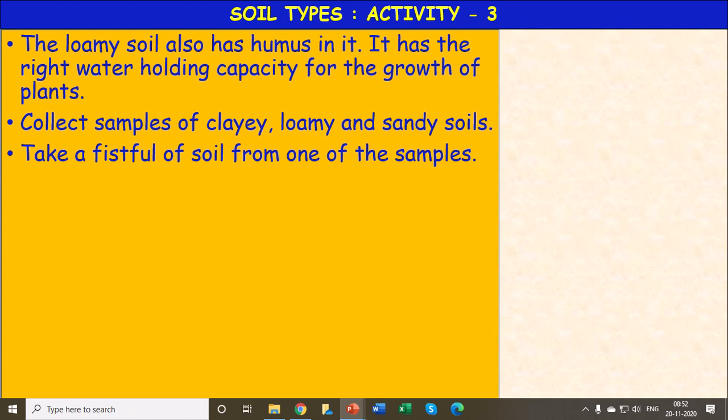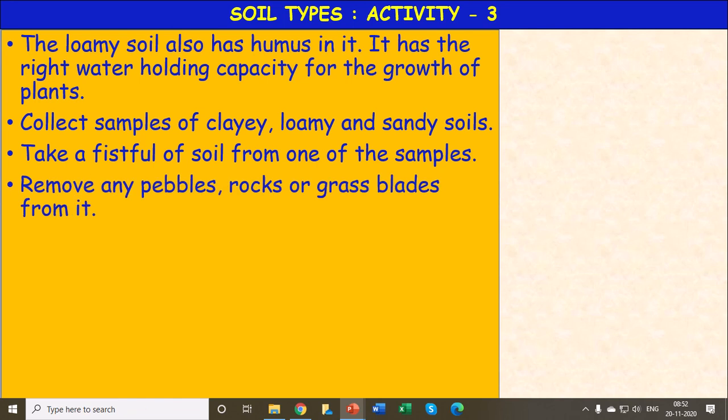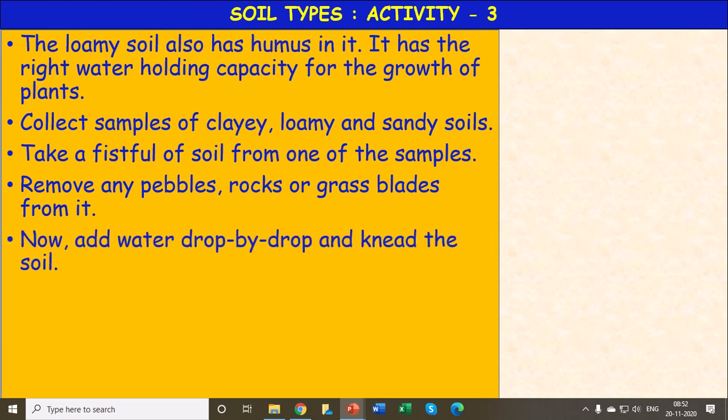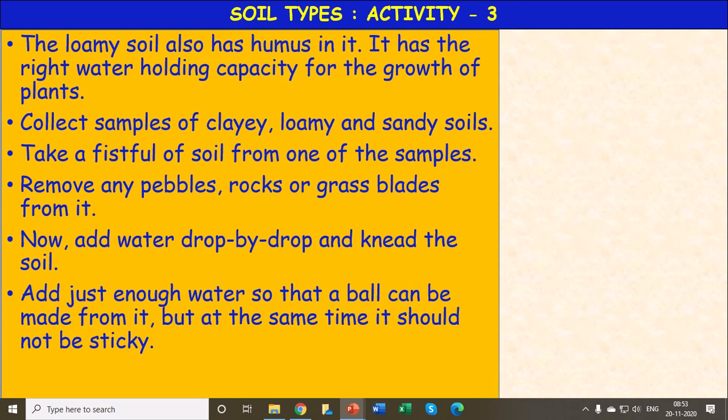Take a fistful of soil from one of the samples. Remove any pebbles, meaning small stones, small grains of sand, rocks or grass blades from it, which you can remove by hand picking. Now add water drop by drop and knead the soil. Add just enough water so that a ball can be made from it, but at the same time it should not be sticky.